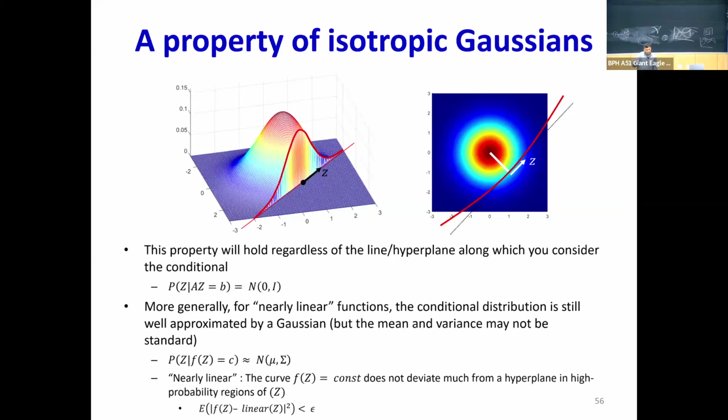Make sense? And then it's going to have a mean. So long as the error between the curve and the line is very small within the region of the Gaussian, it doesn't matter how bad the error is very far away from z equals 0. If that error is small, I can approximate it as Gaussian.